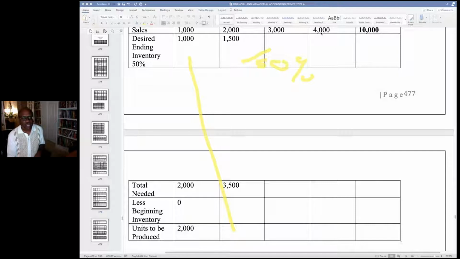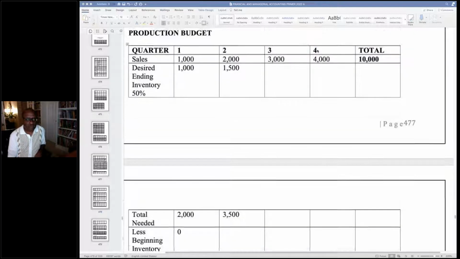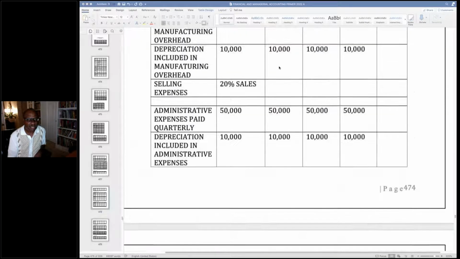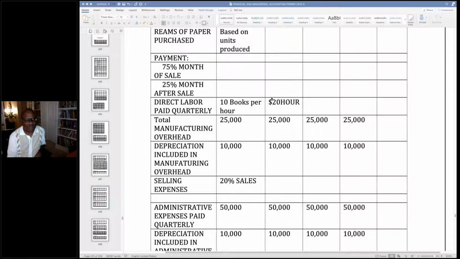Okay. Now, let's go back up here to our assumptions. Manufacturing overhead is your total overhead. You've got your numbers in already quarterly. All you've got to do is copy these. Boom, copy, put them down there. Same thing with depreciation. All you've got to do is copy your numbers.